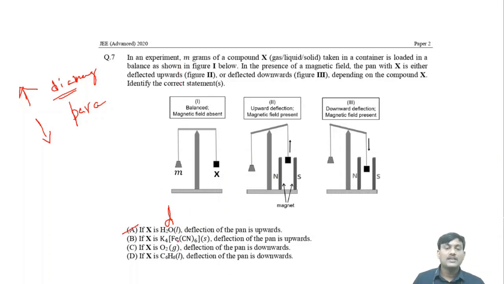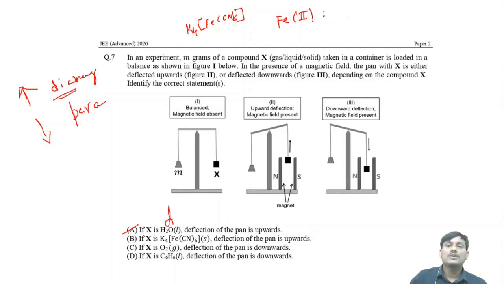And if X is K4[Fe(CN)6] solid, deflection of the pan is upwards. Okay, let us take K4[Fe(CN)6]. What is the oxidation state of iron? Here, the oxidation state of iron is 2+.